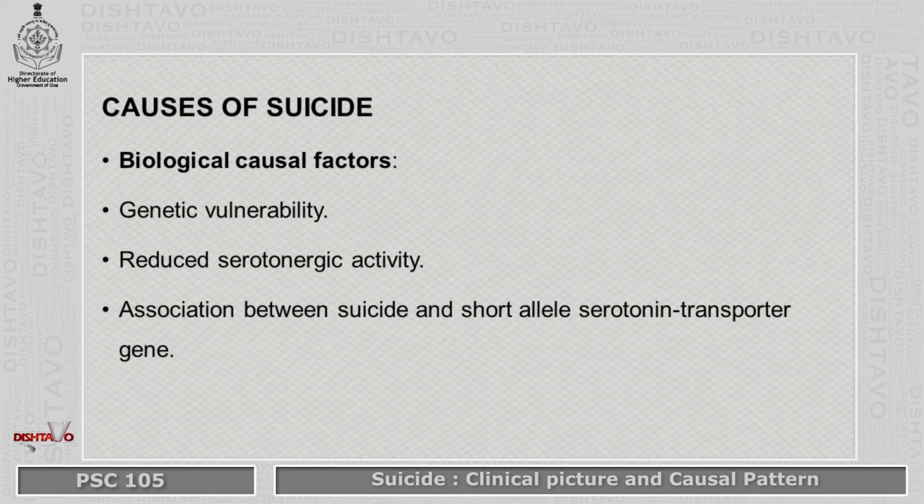Studies have also shown that this genetic vulnerability is linked to a neurochemical correlate of suicide, wherein victims of suicide have shown reduced serotonergic activity. Studies have also shown an association between suicide and the short allele of the serotonin transporter gene.